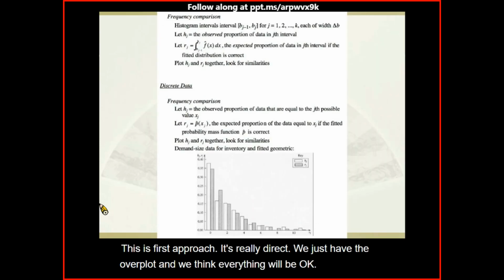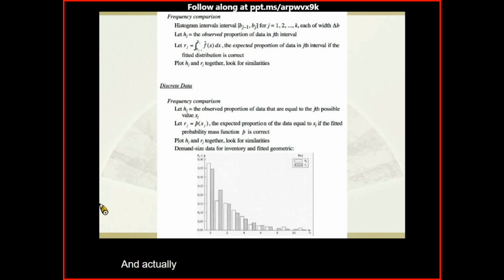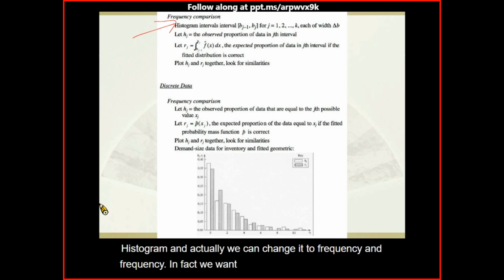And actually, that is an overplot of density and histogram. We can also change it to frequency. For frequency, we want to have some histogram, but how?